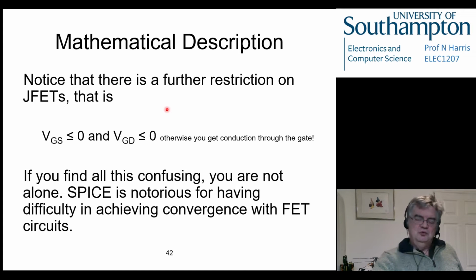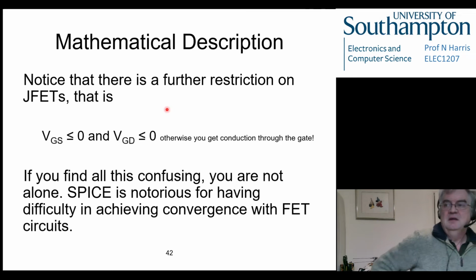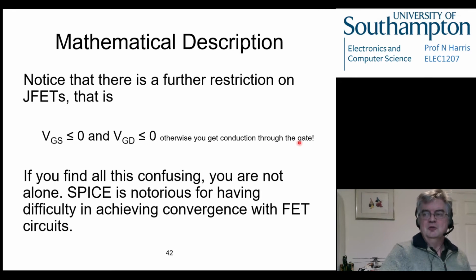So, if we talk about JFETs, remember JFETs were a special case, and these definitions apply. That VGS has to be negative, and V gate-drain has to be also less than 0, otherwise we'll get conduction through the gate. It will be a forward bias diode rather than a reverse bias diode, but that's just saying we can't cross the line.